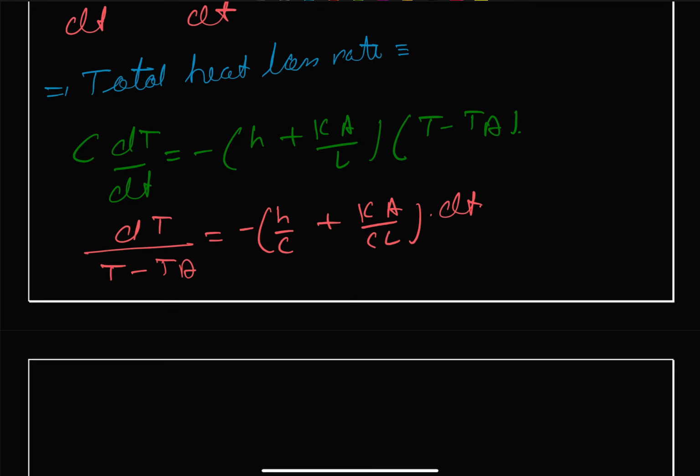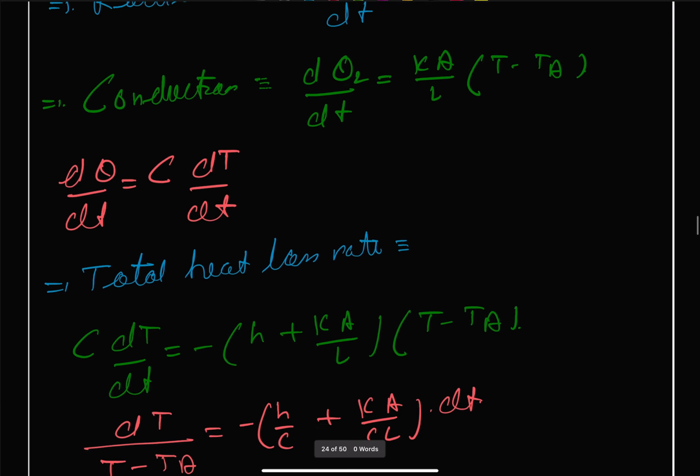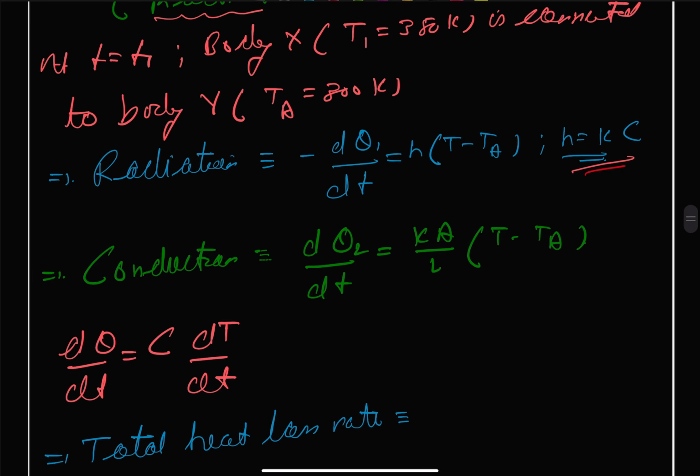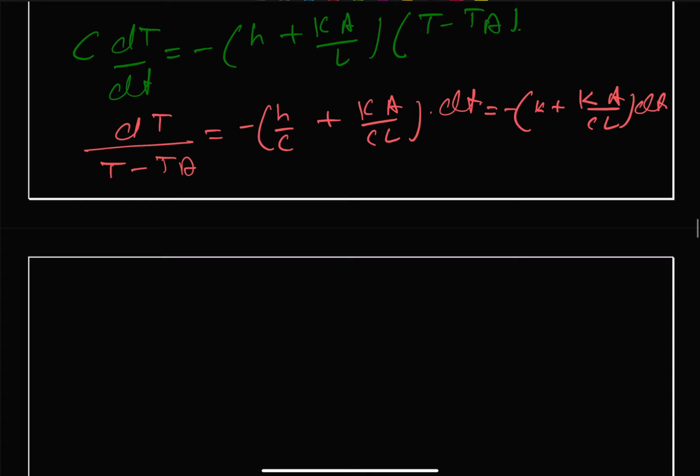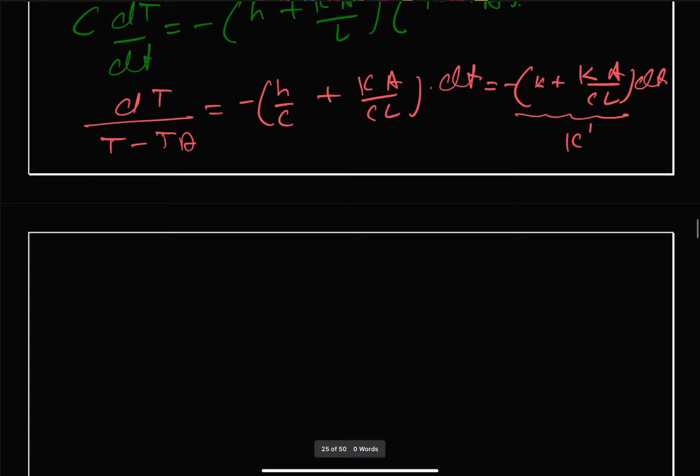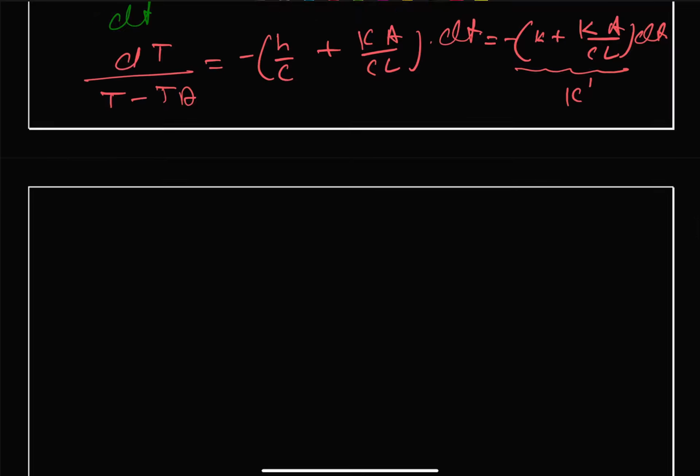And this H upon C is nothing but equal to our K. Mind it, this is a small k. So we can write this as minus small k plus capital K A upon C L multiplied by dt. So here we are going to take a constant equivalent to this, K prime, that is our new cooling constant basically.